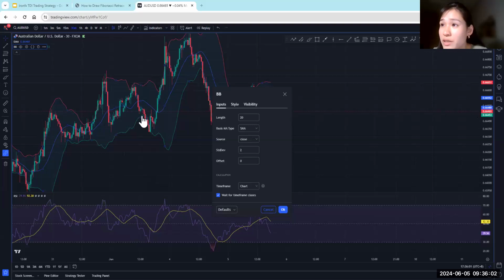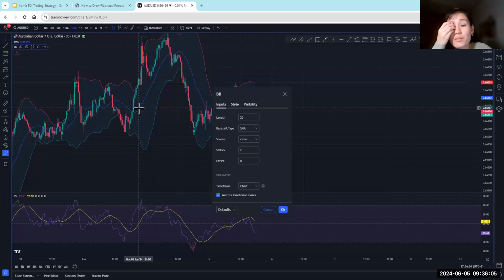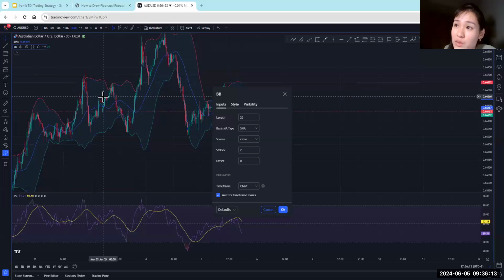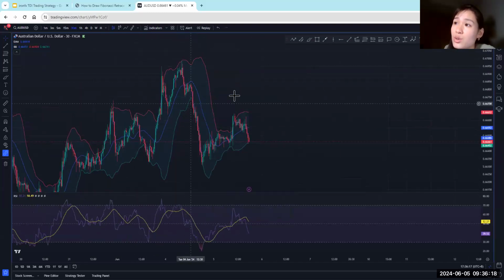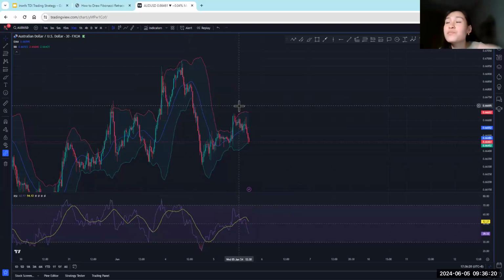So for Bollinger Bands, the bands will widen when the price of your security becomes more volatile, and it'll contract when it becomes more stable. So you see here that prices are pretty volatile, so they are fluctuating quite a bit.